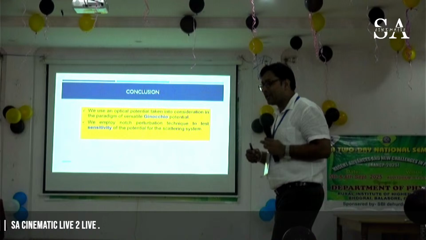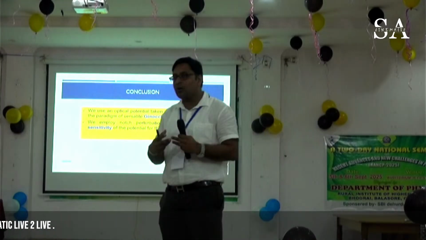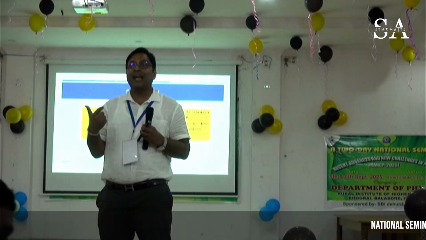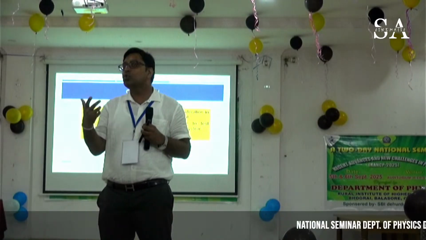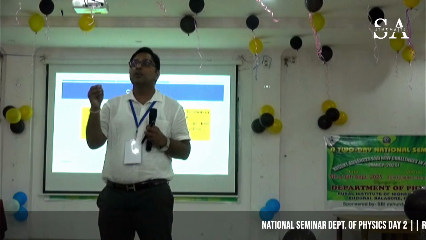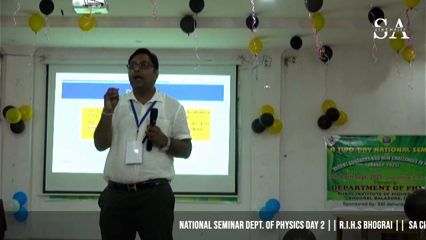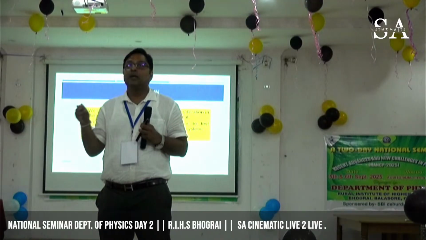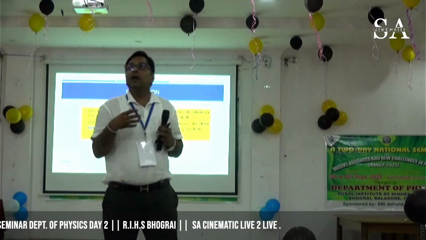So what is the takeaway from my talk? First takeaway: scattering experiments are required to know the properties of the elementary particles of the nucleus. And for the scattering experiment, it is possible to reduce the many-body problem to a two-body problem. Third, the nuclear potential.